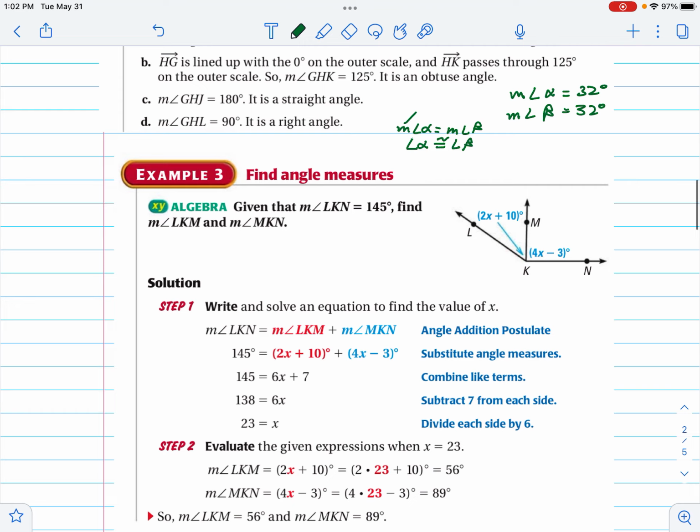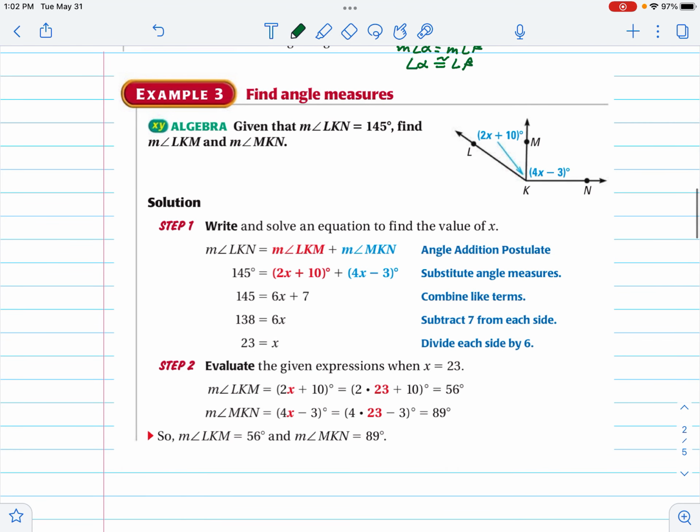Okay, now let's look at another example here. Let's suppose that this big angle, LKN, this one right here, is 145 degrees. And what we want to do is figure out, well, what is x in this situation?